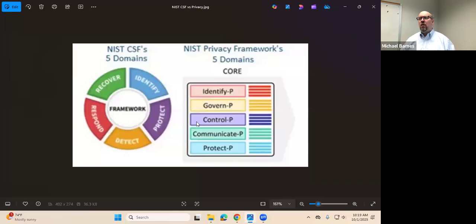And I think the ultimate takeaway is that with the NIST privacy framework, there's going to be a bigger emphasis on the prevention of the compromise of information. Whereas the cybersecurity framework is more holistic. It covers both the prevention of compromise and then the eventual detection and correction should problems occur.